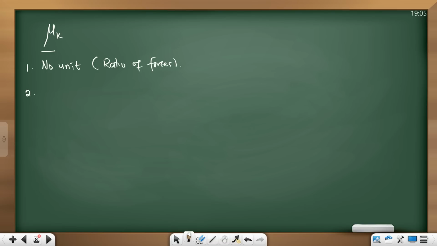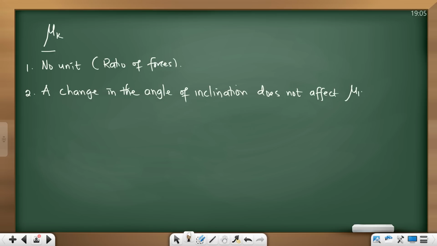Please take note that a change in the angle of inclination does not affect mu k.